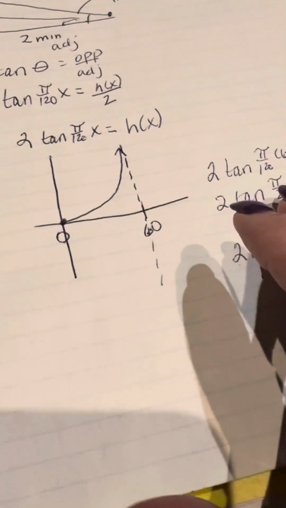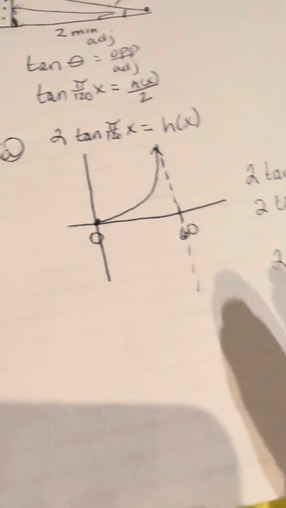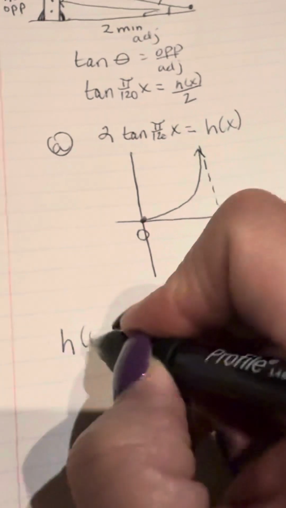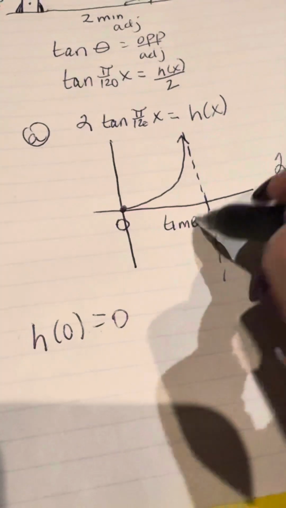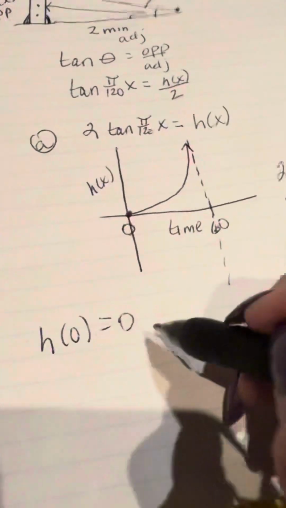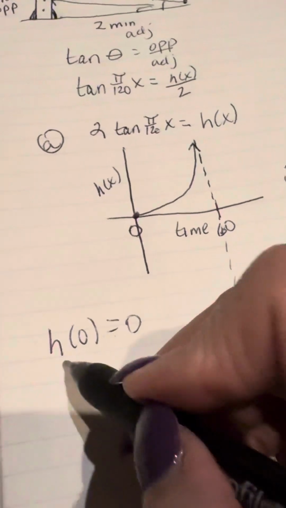Evaluate and interpret values for h of 0 and h of 30. So h of 0 we just did. H of 0 is equal to 0, and that means at time 0, the height is 0. So we haven't taken off at all.